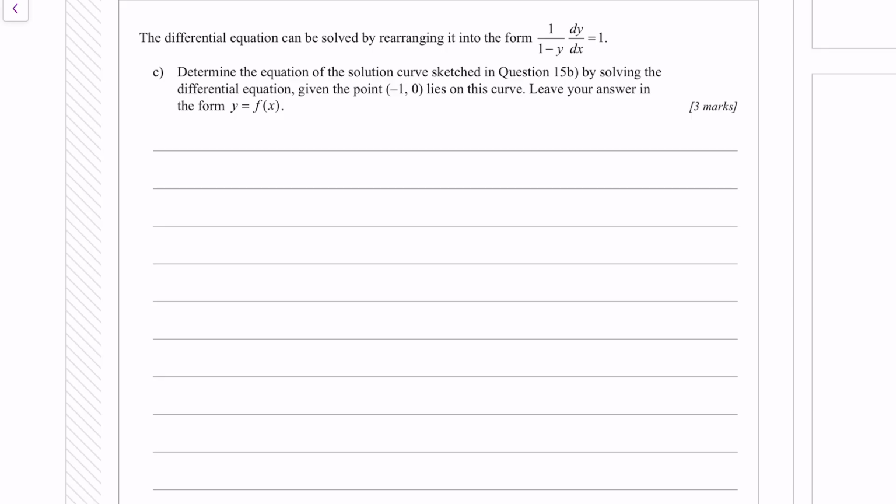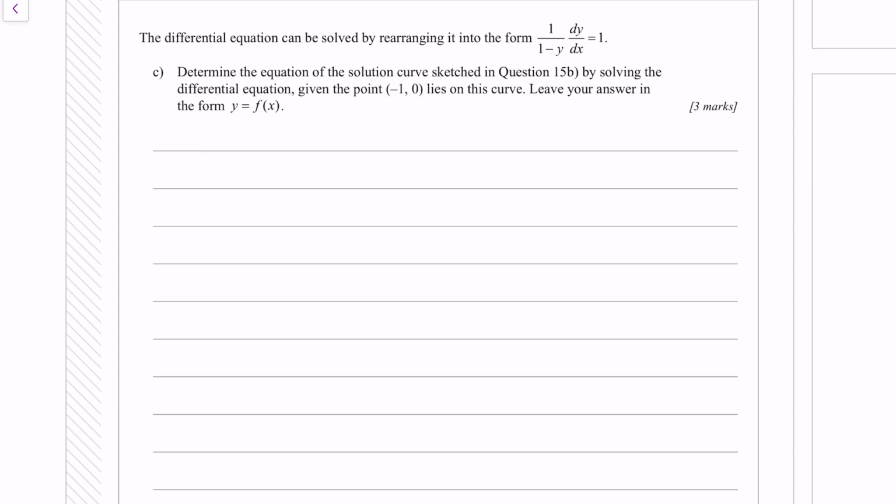All right, and then what we can do now is rearrange our dy and dx on separate sides. So if we just rewrite that form, there are 2 methods to solve this. I'll give both methods in my working out.